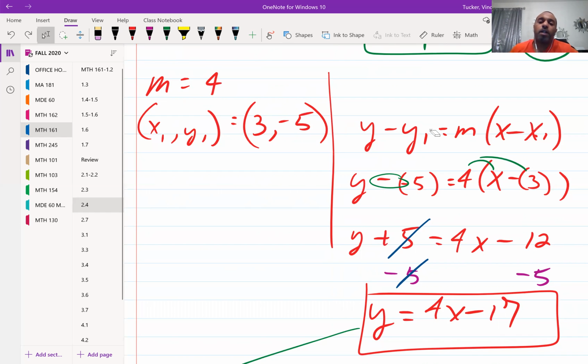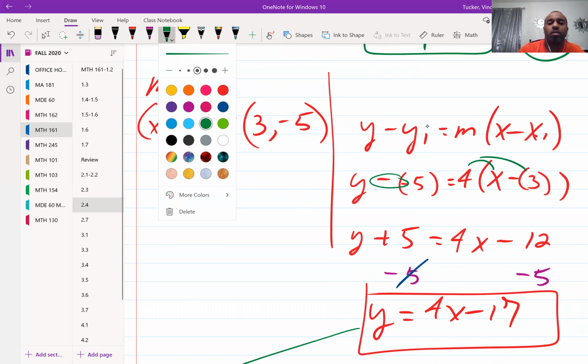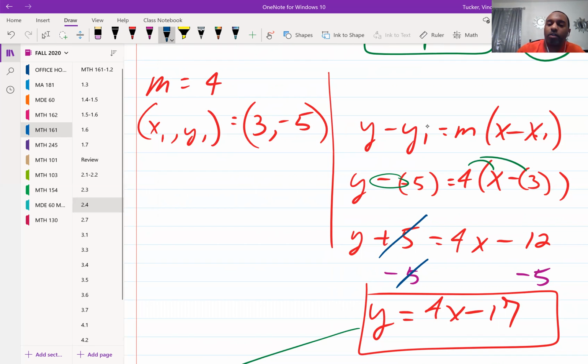That'll be 4x minus 12 on the right. On the left, we will have y plus 5. So in order to finish solving, we'll subtract 5 from both sides. Fives cancel, leaving us with y equal to 4x minus 17.